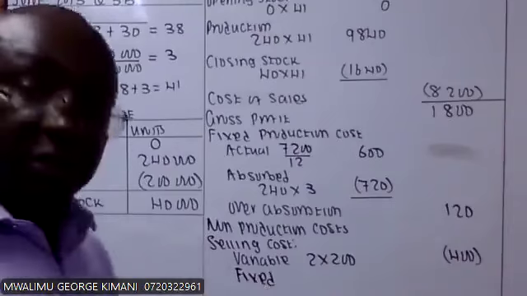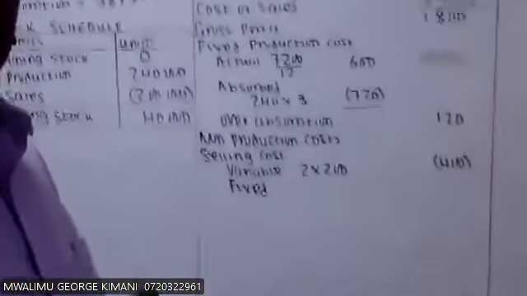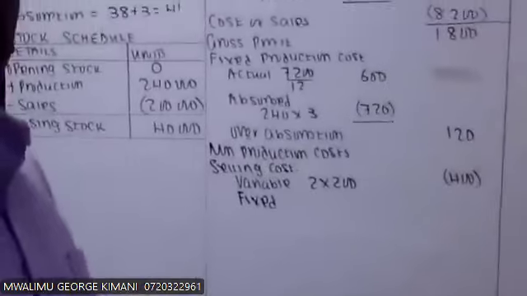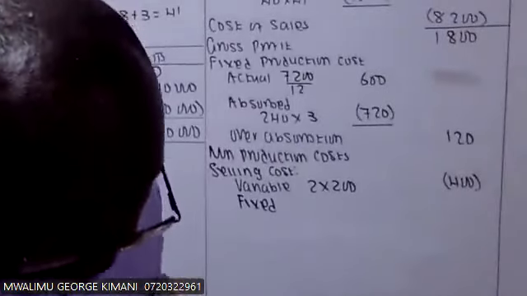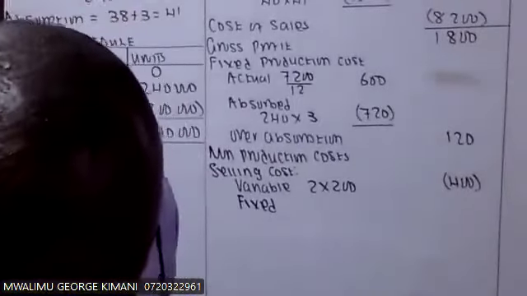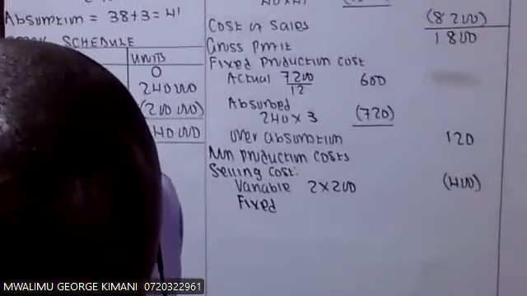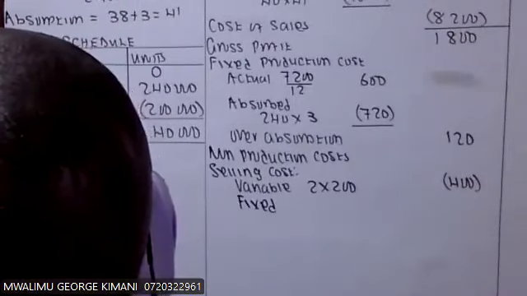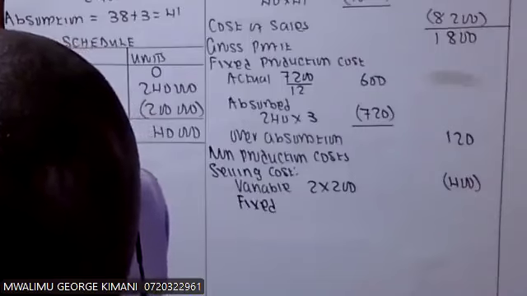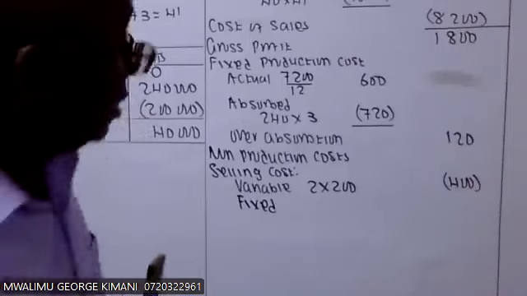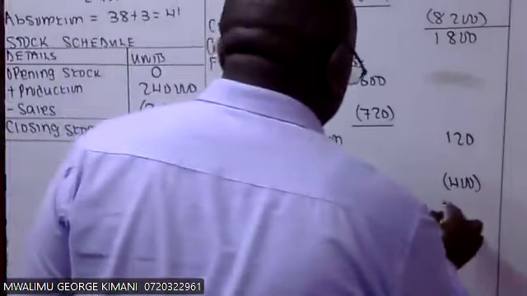Then you bring the fixed. Now the fixed, according to information 4, per month is 1,500. So we bring it here.